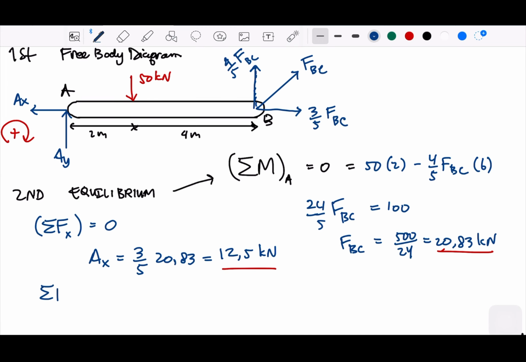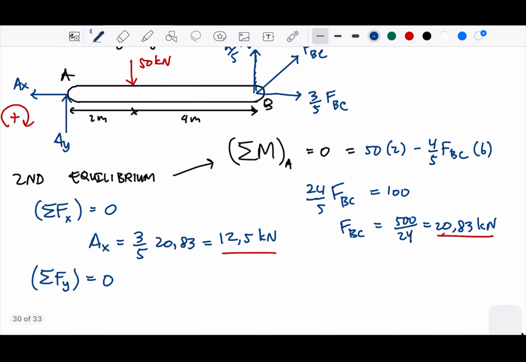And then we take the y-axis, and AY plus 4/5 FBC, FBC is 20.83, is equal 50 kilonewton.